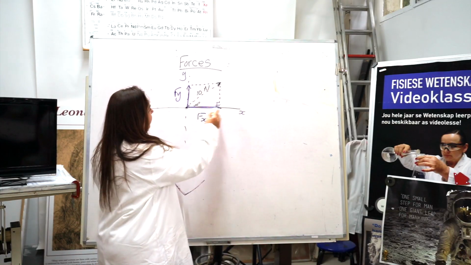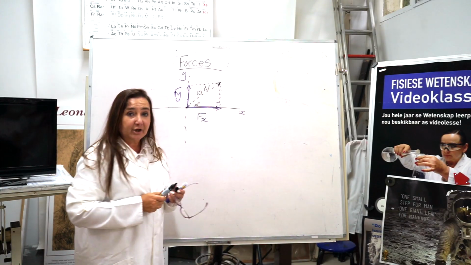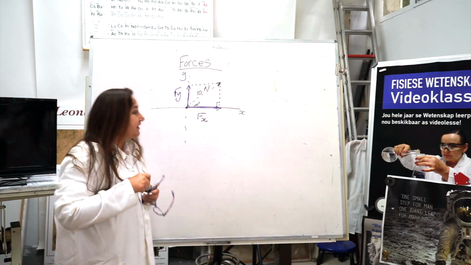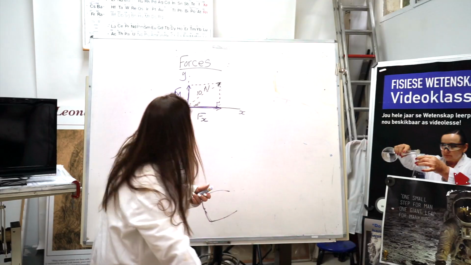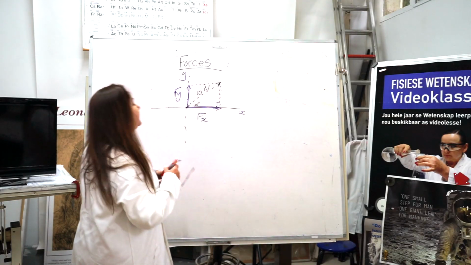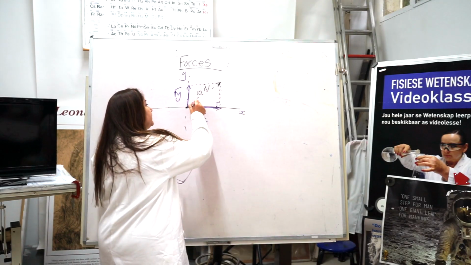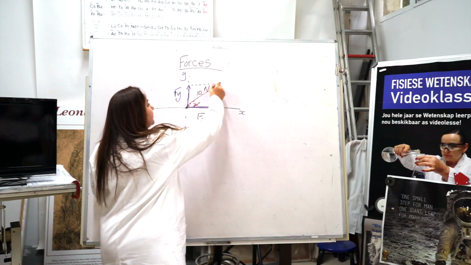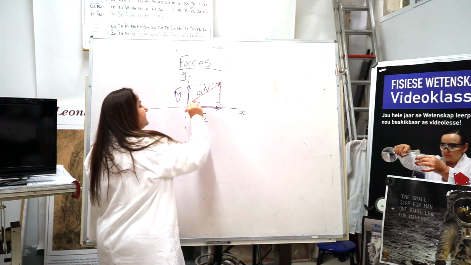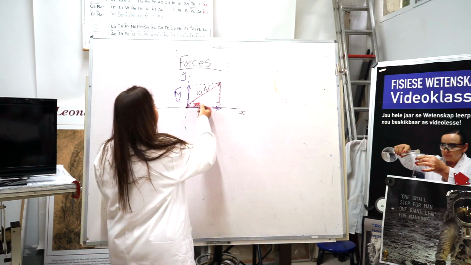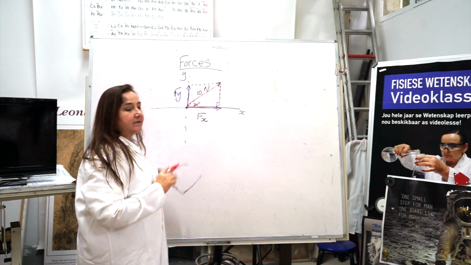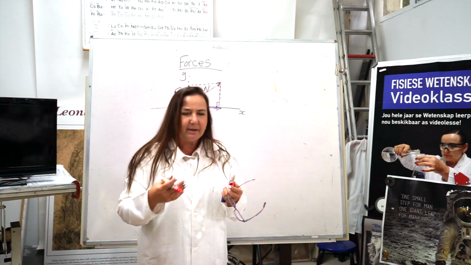Okay, so I've got my x component and I've got my y component. Now how am I going to calculate that mathematically? What I want you to do is always work with the triangle that is adjacent to the x-plane. Then you don't have to first work out that angle and get all mixed up in maths.